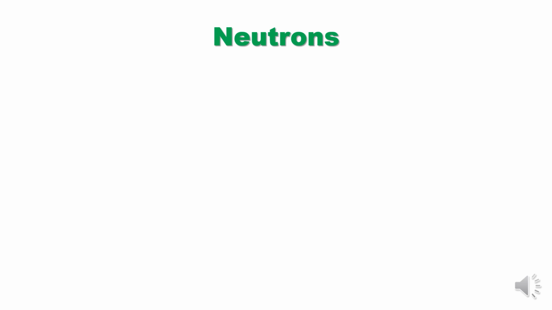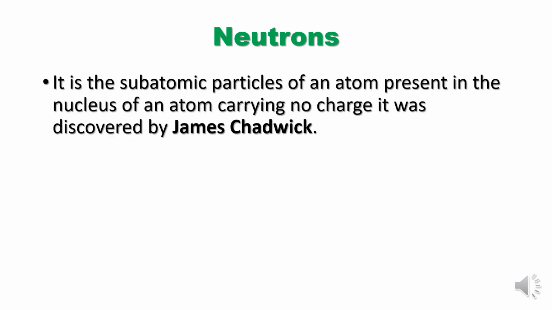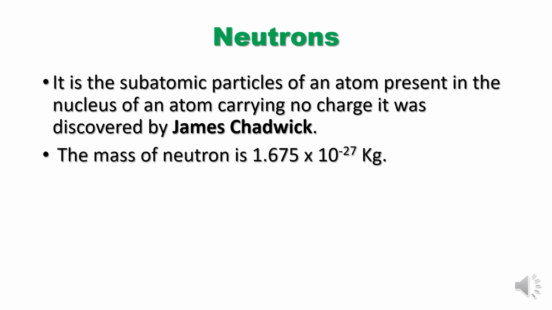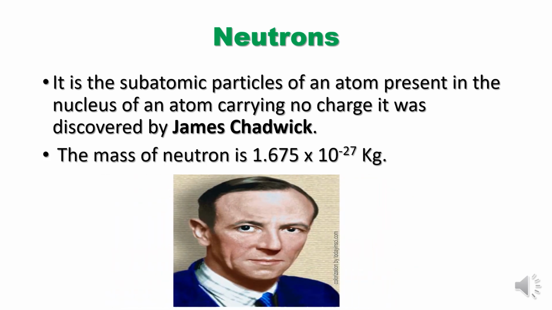Let us learn how neutrons were discovered. So the neutron is another subatomic particle of an atom. It is present inside the nucleus. How the nucleus was discovered you will learn in the next class, and it carries no charge. It was discovered by James Chadwick.